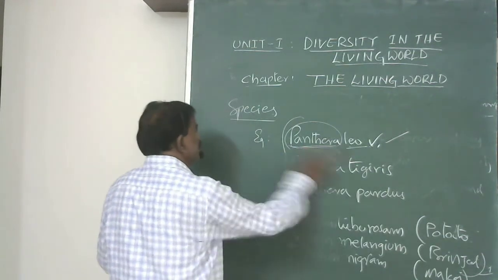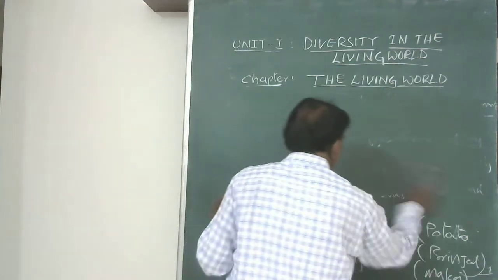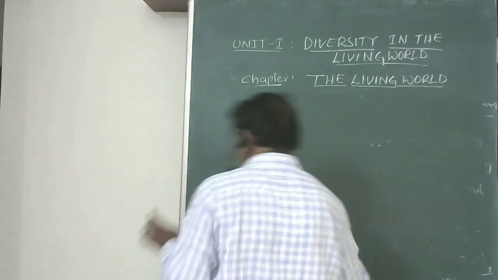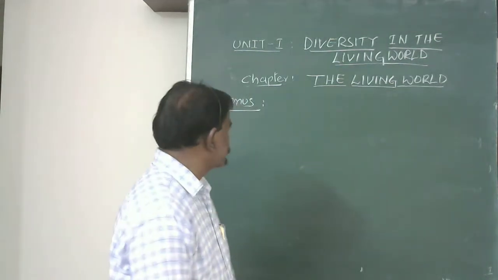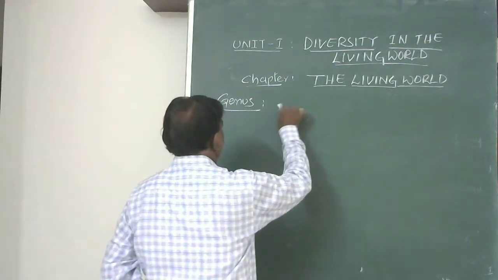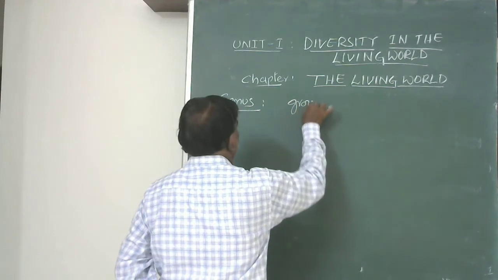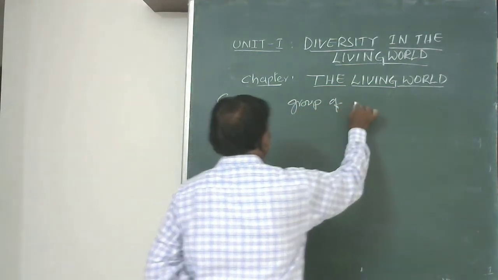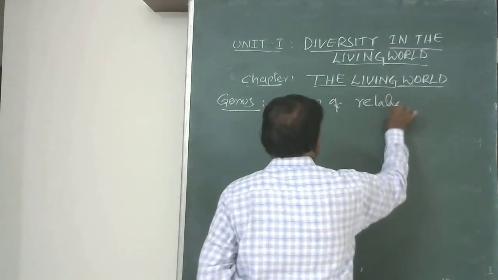Next one is genus. The next category is genus. Genus is a group of related species.